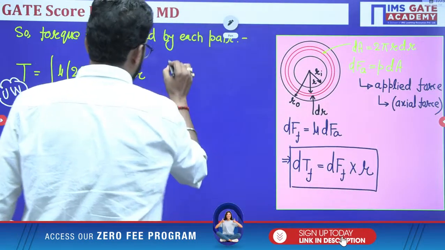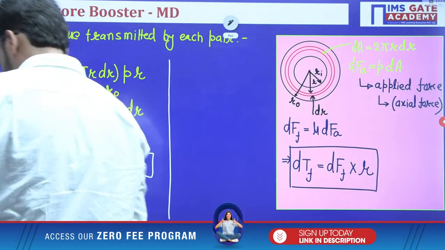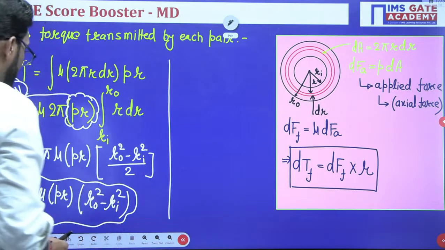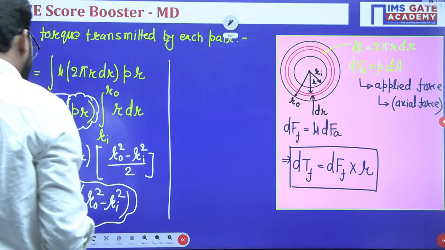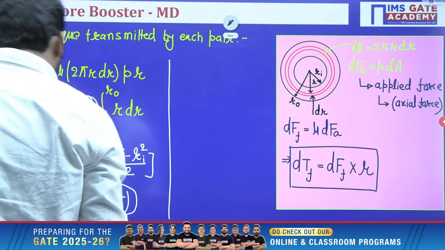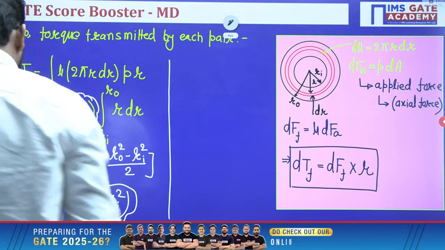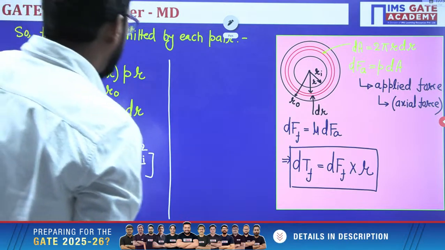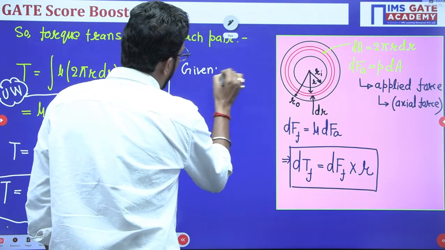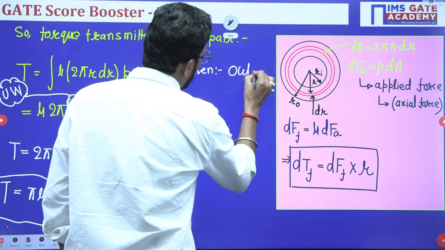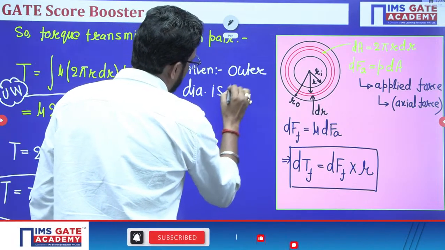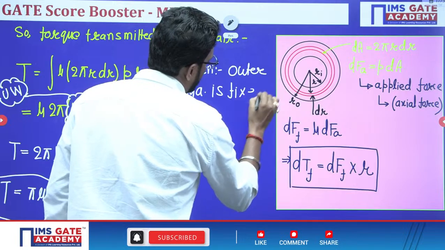Now, my dear, here we have to take some arrangement. What is that? See, here it is given that the outer diameter is fixed.